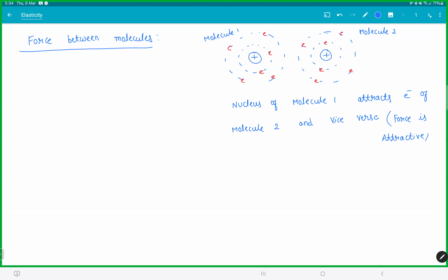But if you push them too close, the nuclei, both being positive charge, will start getting repelled, and the force becomes repulsive.